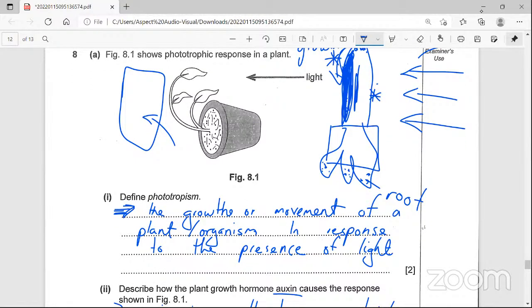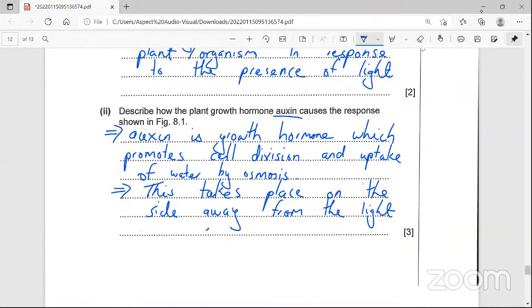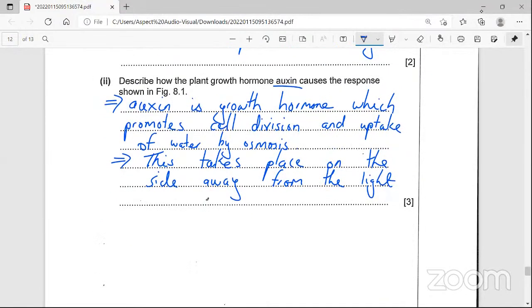So which part do you understand now? Fully? All right. Anyways, let's move on. You haven't finished writing. Okay.